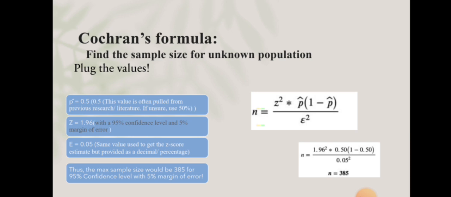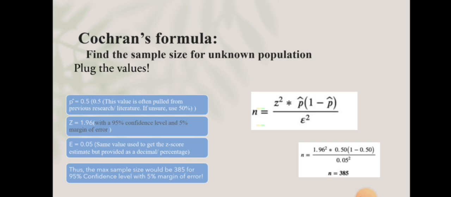Now plug in these values, which were discussed previously. P is 0.5. This value is often pulled from research or literature. The Z score at 95% confidence level and 5% margin is 1.96. E, the margin of error, is 0.05, in decimal or in percentage as discussed previously.